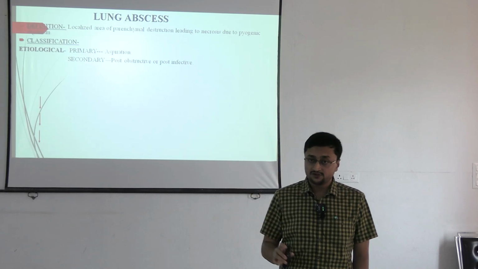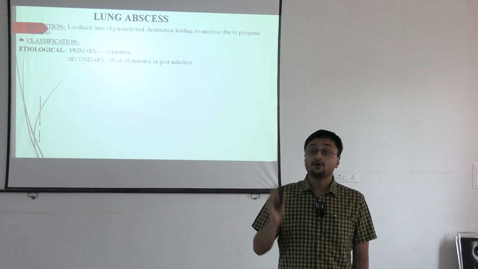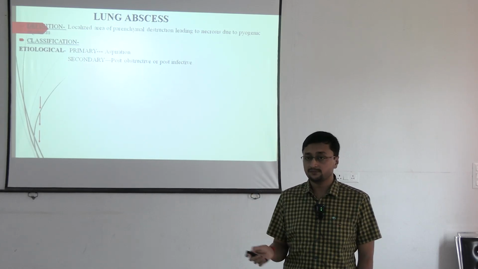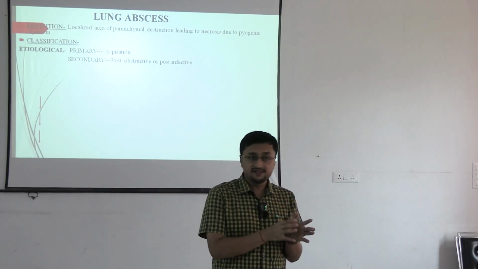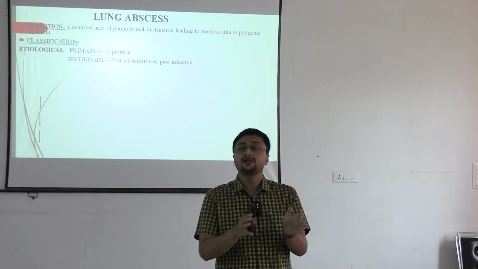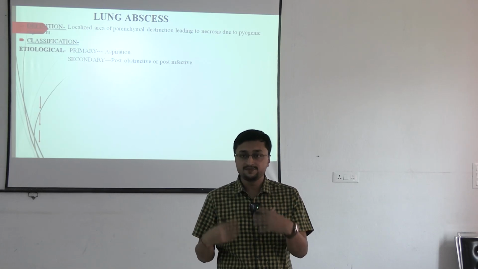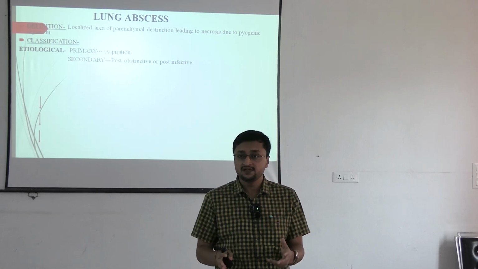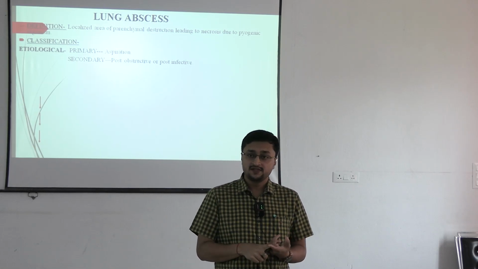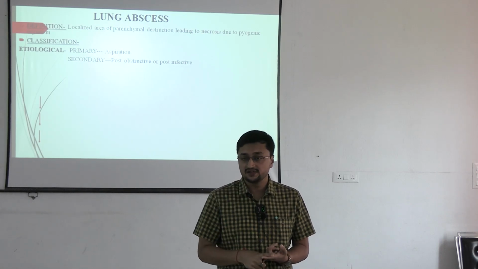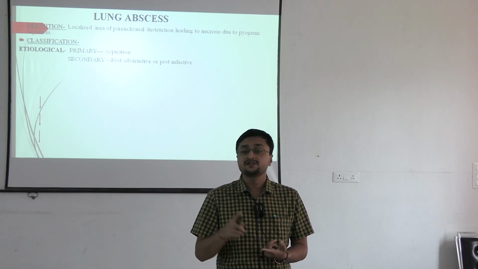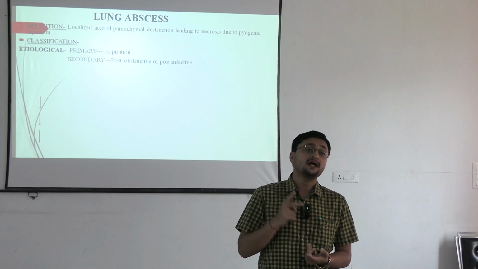So aspiration lung abscess is mostly a chronic one, because aspiration does not happen in a single day. Aspiration happens chronically, micro aspirates accumulate, the aspirated organisms accumulate in the parenchyma, they destroy the parenchyma, and this results in formation of lung abscess.